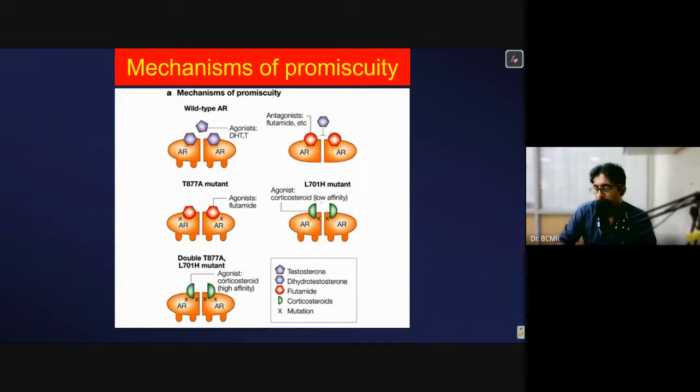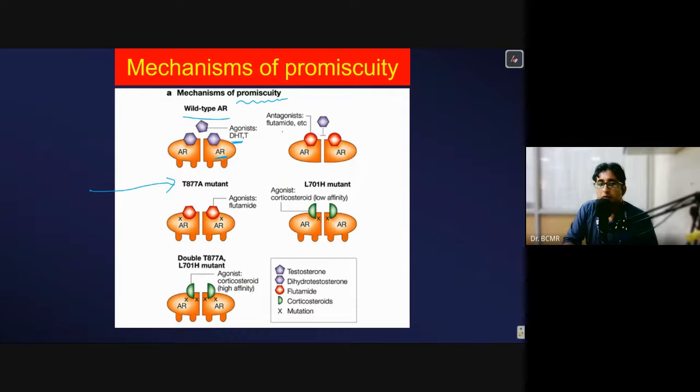Okay, I will stop here, and what I will conclude is that these are some of the mutations people have identified, which are reasons for promiscuity. This is the wild type androgen receptor. It should be binding to dihydrotestosterone, right?